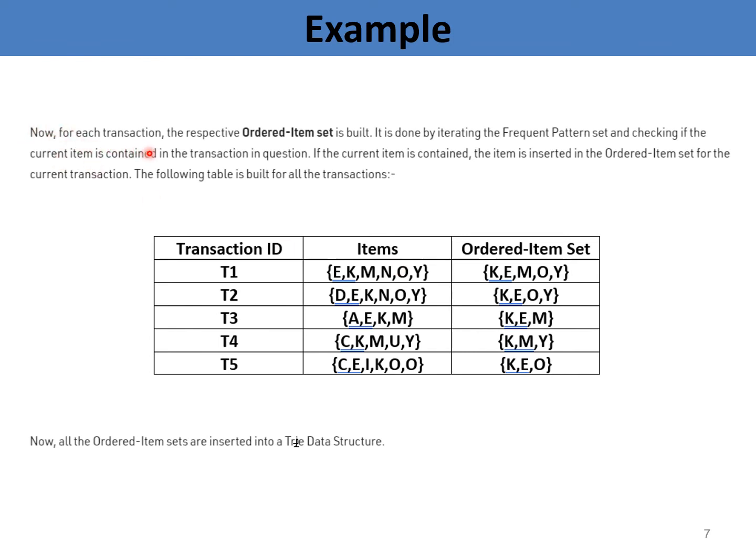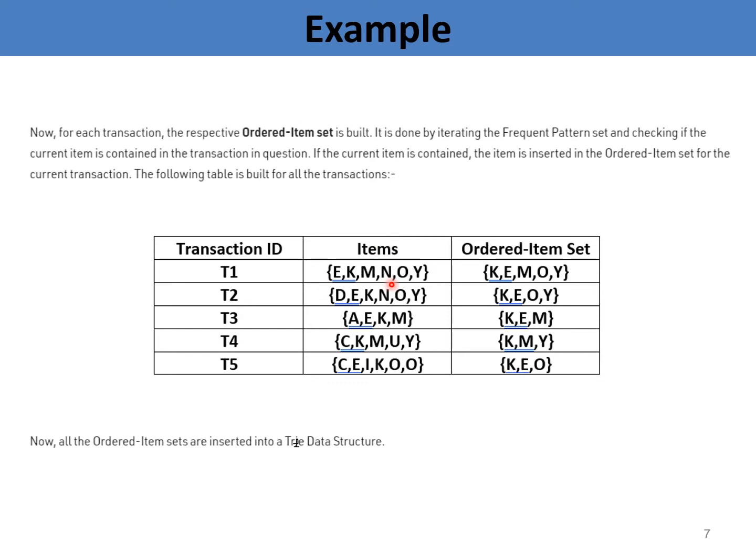Now these are our transactional data. These are the original items in each transaction. For each transaction, we have to make an ordered item list. How do we make the ordered item list? It is done by iterating over the frequent pattern set that we generated in the previous slide, in which the frequency is mentioned in front of every item, and checking if the current item is contained in the transaction or not.